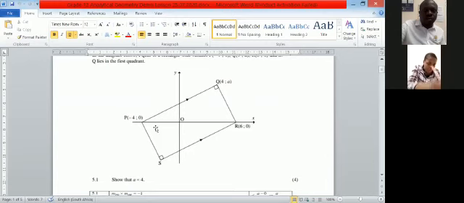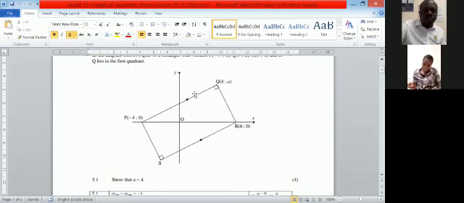We will calculate the gradient of PQ. The gradient of PQ is increase in Y over increase in X. The formula for gradient at the back: Y2 minus Y1 over X2 minus X1. When we are calculating for PQ, our Y2 will be A and our X2 will be 4. X1 will be minus 4 and Y1 will be 0.